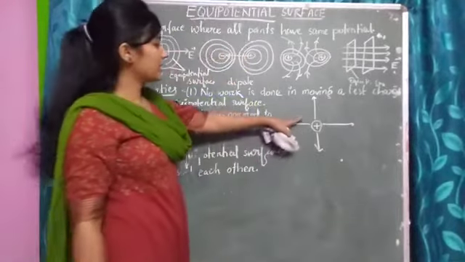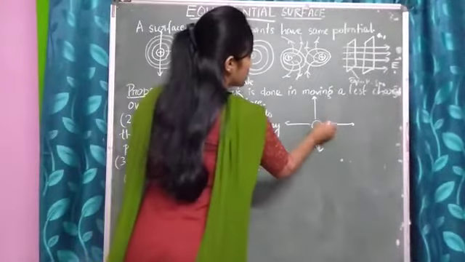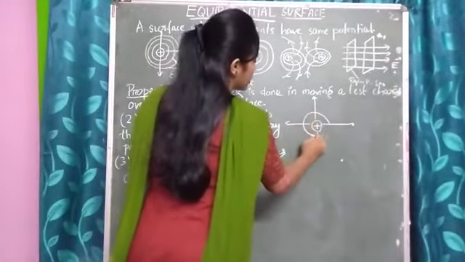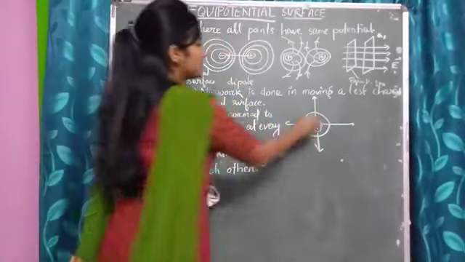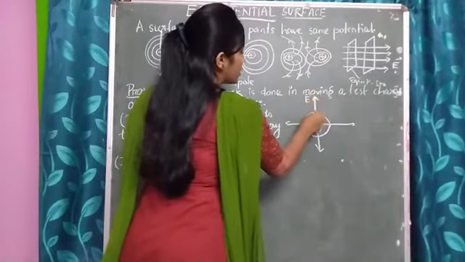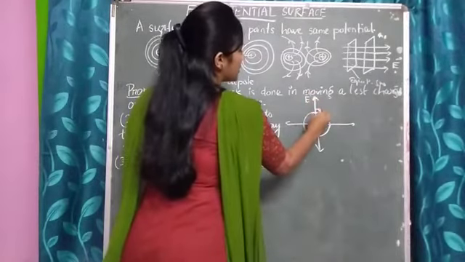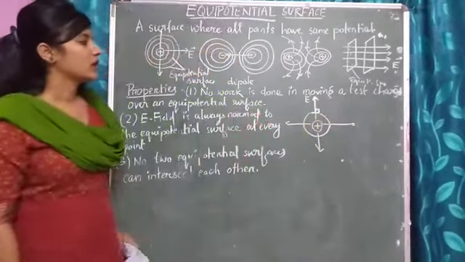The electric field is always perpendicular to the equipotential surface. This is an equipotential surface for this point charge, and the electric field direction and the surface make an angle of 90 degrees.